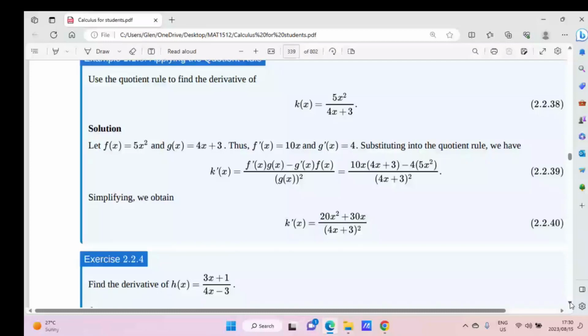Lerato, what's your answer? Okay, are we doing 2.2.4? I just joined last minute. Yes. Okay, my numerator is -5, and then all over 16x squared minus 24x plus 9. Yeah, I think. You must not think, you must be sure.